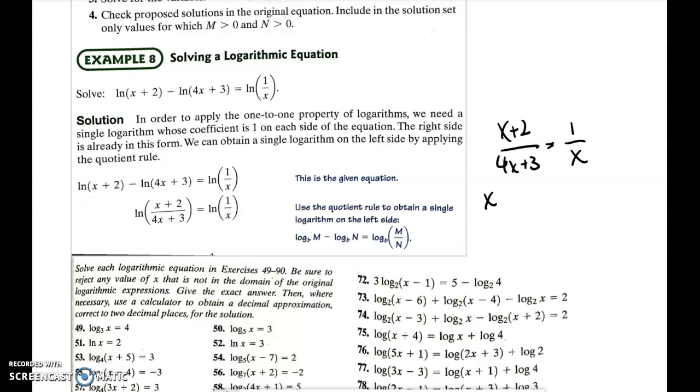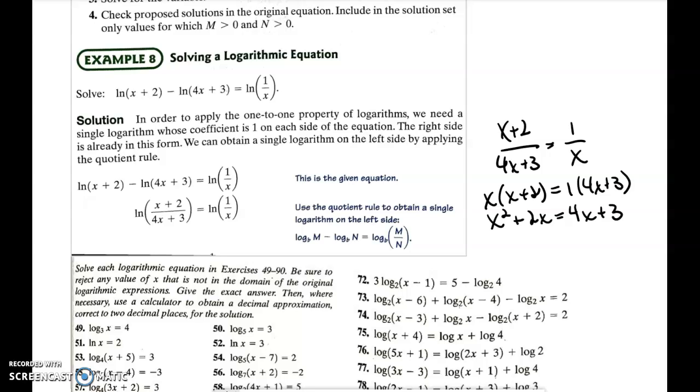We would cross multiply. So we end up with x times x plus 2 equal to 1 times 4x plus 3. And so when I distribute that, I get an x squared. It's been so long since we've seen a quadratic. Distribute the 1.